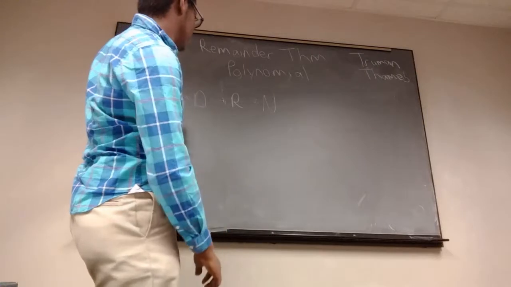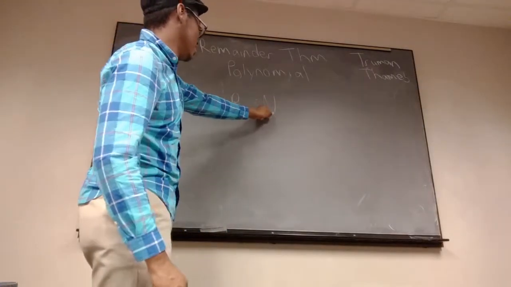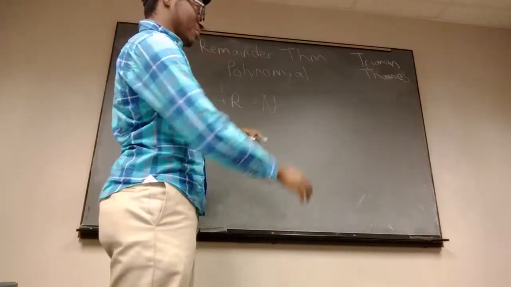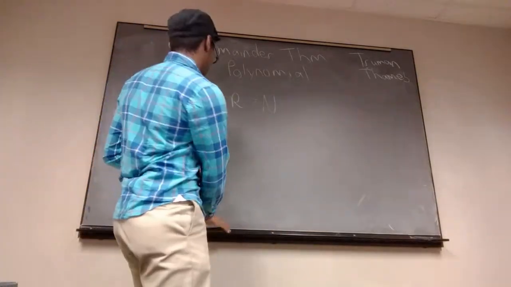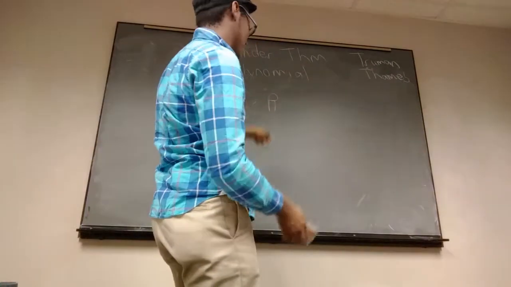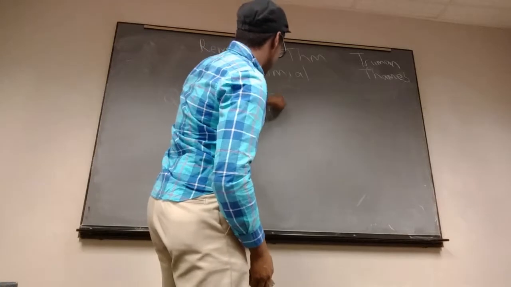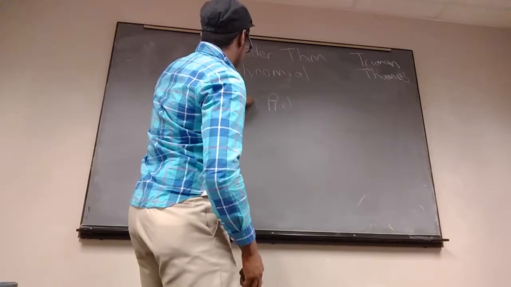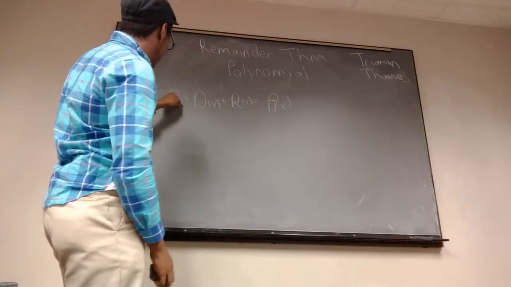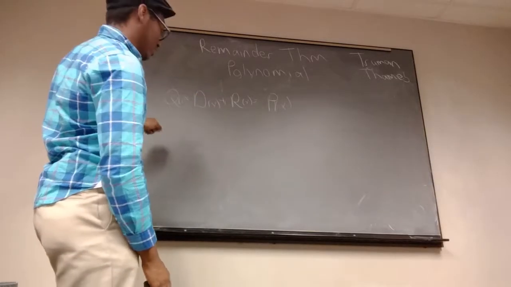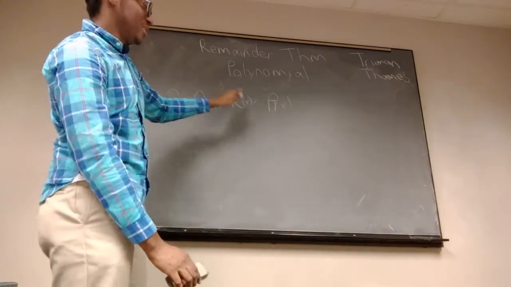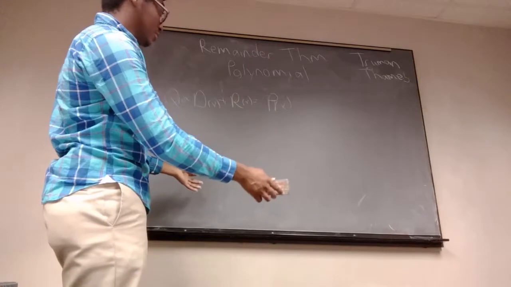So n divided by d would be q plus r over d. But if we're talking about polynomials, we generally talk about the polynomial as p, for polynomial instead of n for number, and p of x. And the rest are just other polynomials, because the remainder is going to be a polynomial, the divisor is going to be a polynomial, and the quotient is also going to be a polynomial. So our quotient polynomial times our divisor polynomial plus our remainder polynomial is our original polynomial.